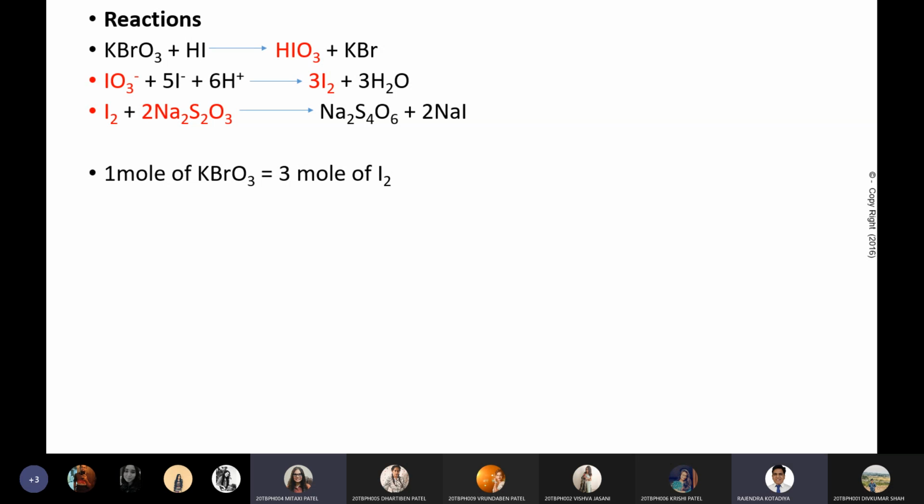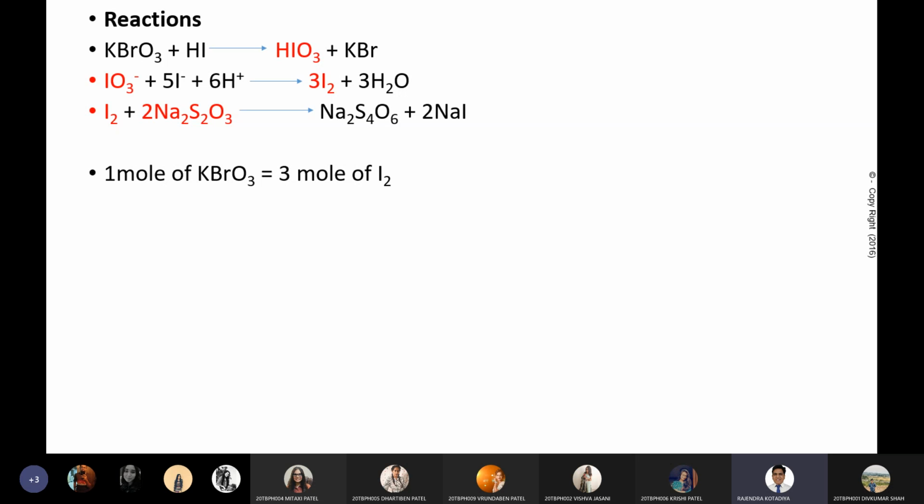The 3 mole. Based on the first two reactions, 1 mole of KBrO3 generates 1 mole of HIO3. Right? Yes, sir. Actually, I was only considering I as an ion, so I said 6 ion. Okay, okay.